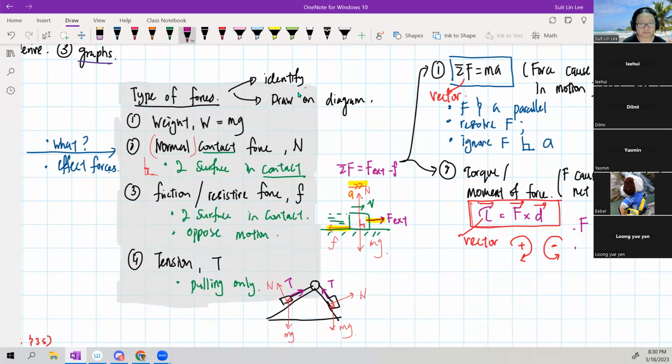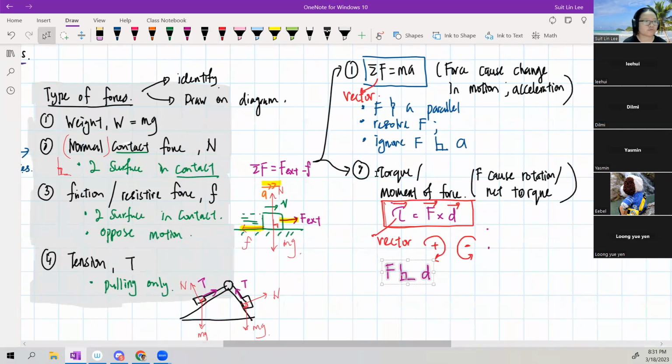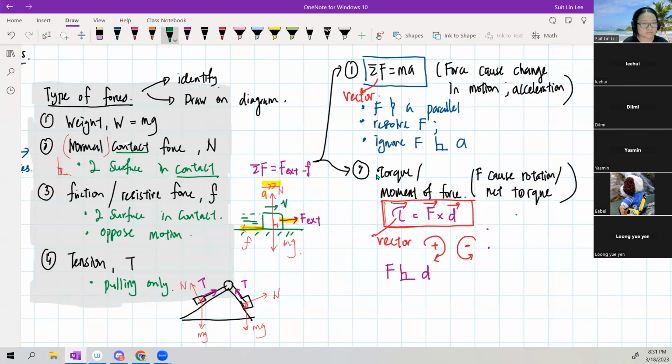or the separation from a pivot. So this value of d here is the separation from a pivot. So maybe you have something like this and you hinge it here.